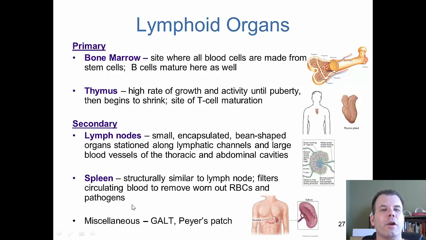The secondary are where the white blood cells go to hide, and that's a big thing. So the lymph nodes, the spleen, and these other areas around the body are for surveillance. They come in and survey the area. So primary is where they are made and matured; the secondary is where the white blood cells go and hang out.